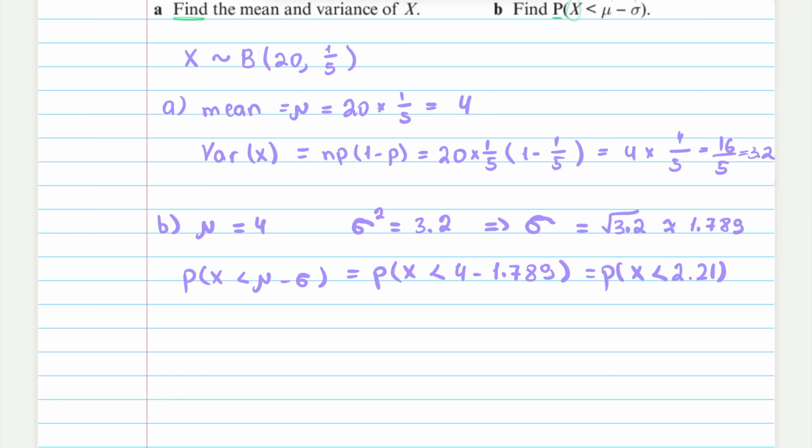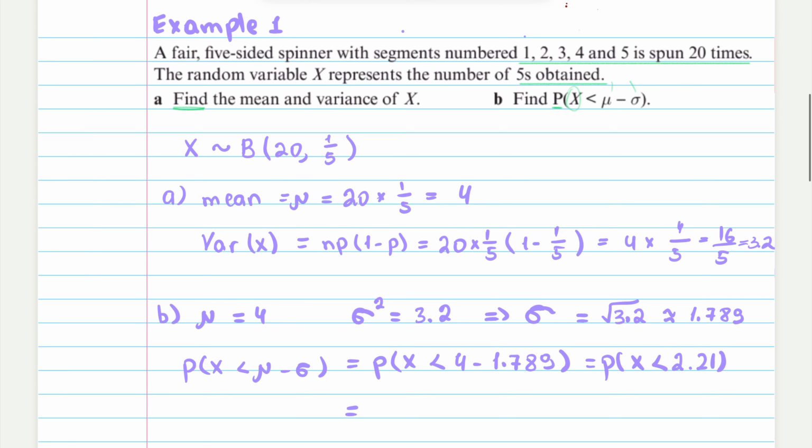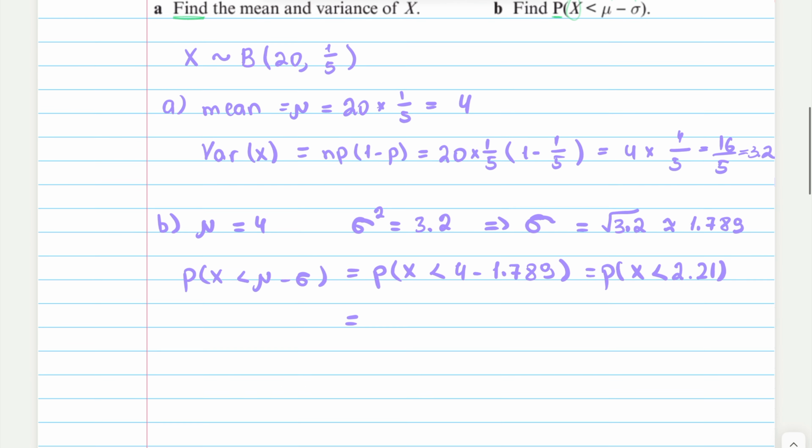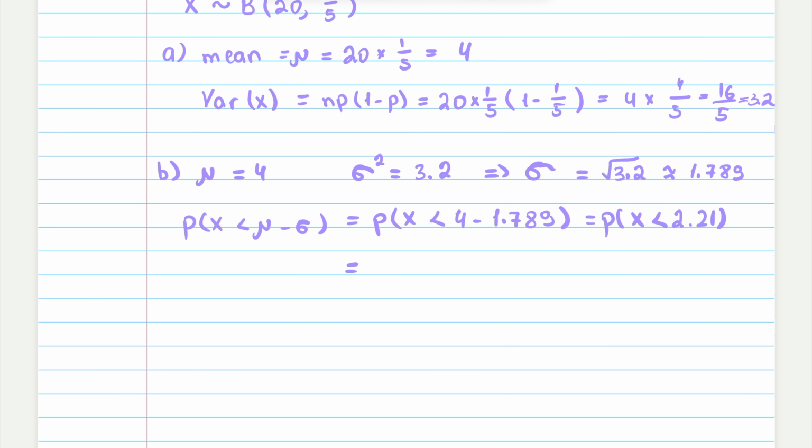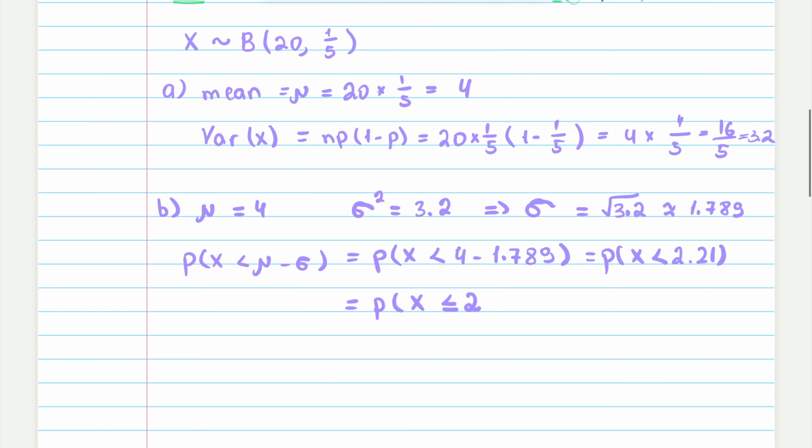Alright, so you can consider 2.21 as X is a discrete random variable. Remember, X represents the number of 5s obtained. So this basically says X is going to be 2 or less, because we can get either two 5s, or one 5, or no 5s.